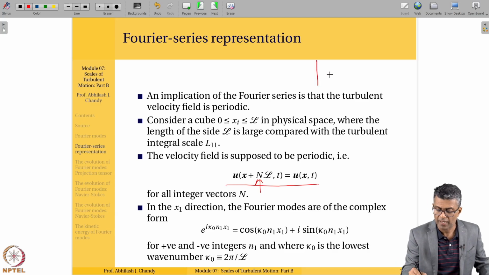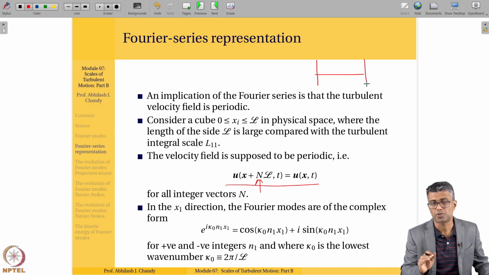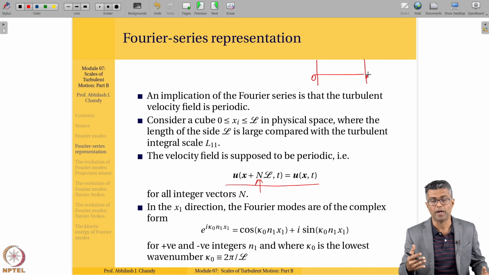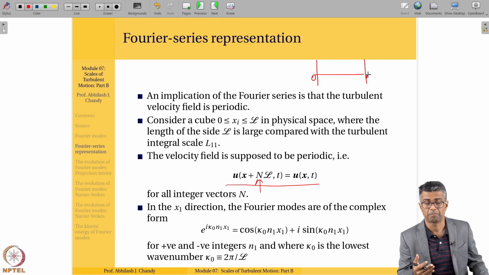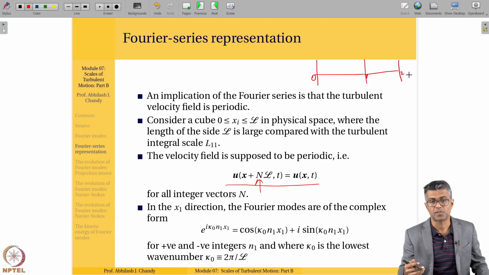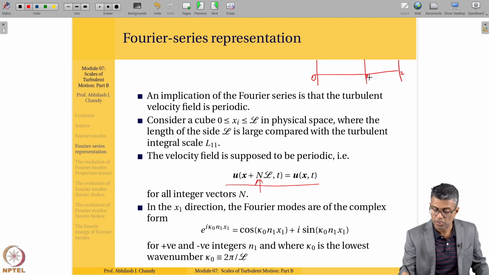So if I just draw it in terms of a 1D representation, this value here and this value here, say 0 and 1, is the same. Then I repeat it again, and then I have 1 and 2 being the same. So this is 1L, this is 2L, if you will.